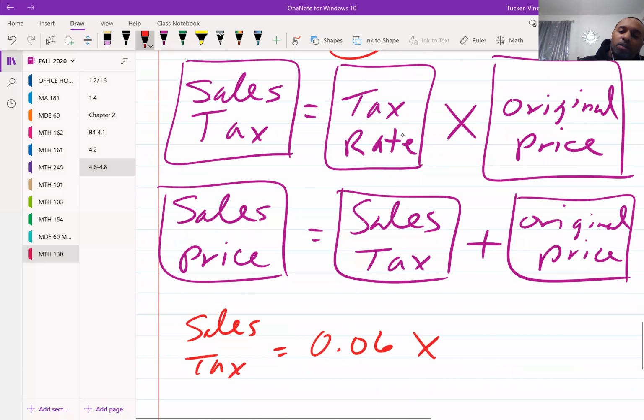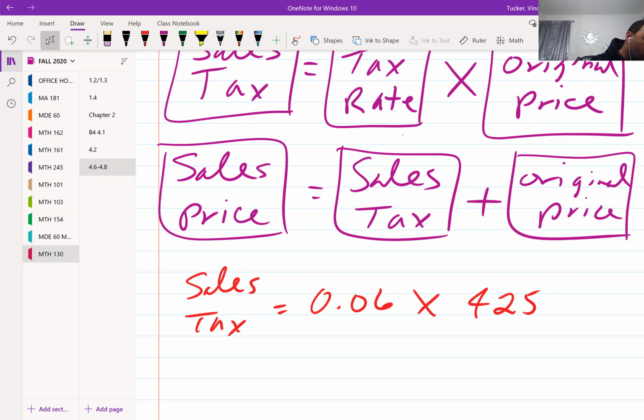Yes, 425. So that's 25.5, and since we're dealing with cents and money, $25.50.